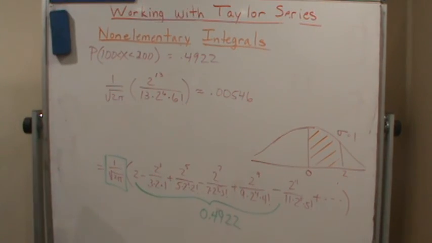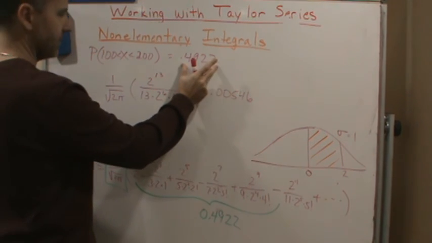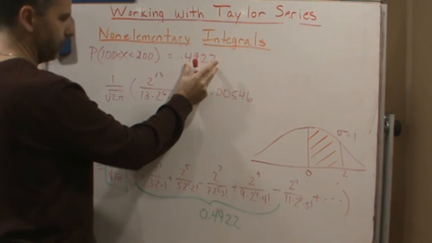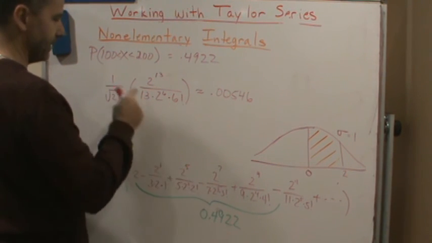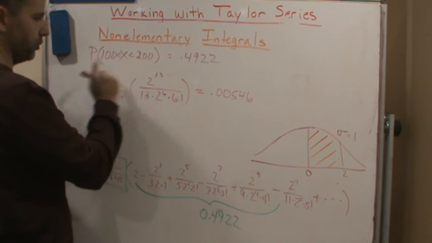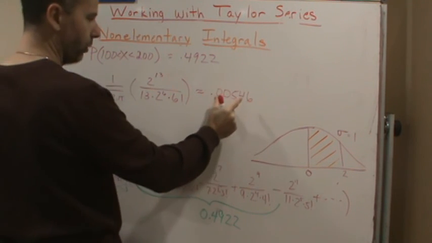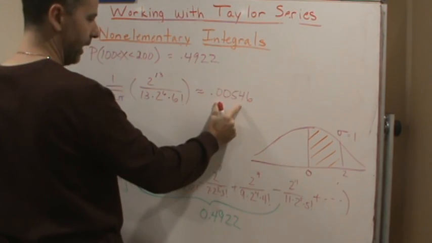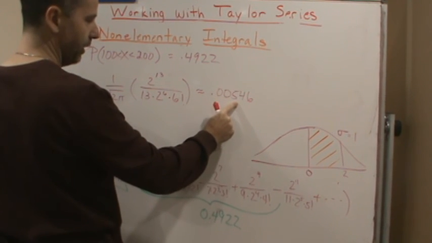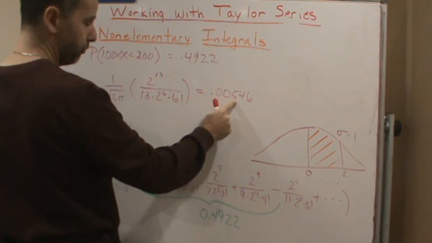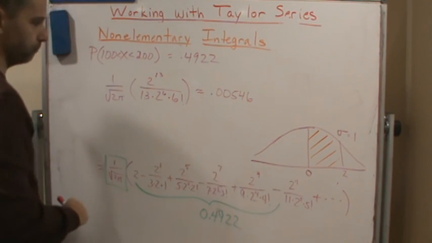Okay, so we know that this is the approximate probability of choosing a test score randomly, and that test score being between 100 and 200 points, and we know that probability is accurate to within this amount, so 5 thousandths of a probability point.